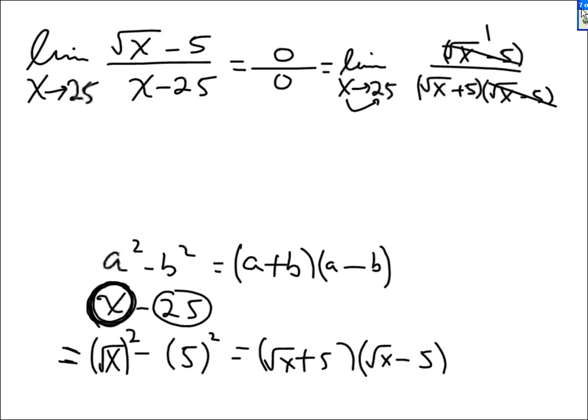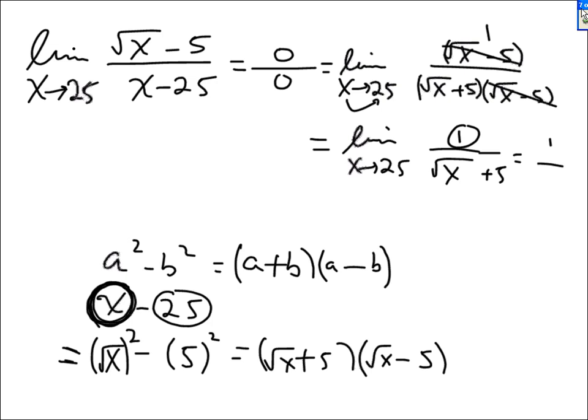But they're both the same, so the fraction is 1. So then you just directly substitute into what's left over: 1 over the square root of x plus 5. Well, 1 is 1, and if x is 25, the square root is 5, and 5 plus 5, of course, is 10.